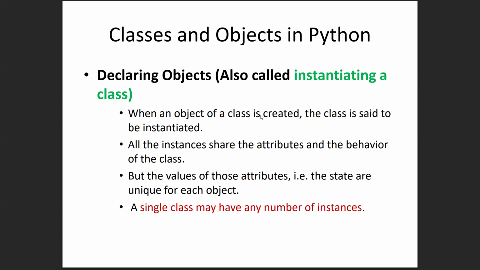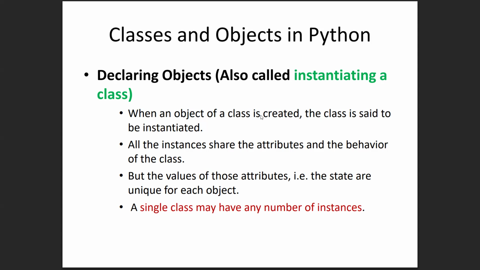So when you create an object for a particular class, at that time you can say the class is instantiated. Next one: all the instances share the attributes and the behavior of the class.